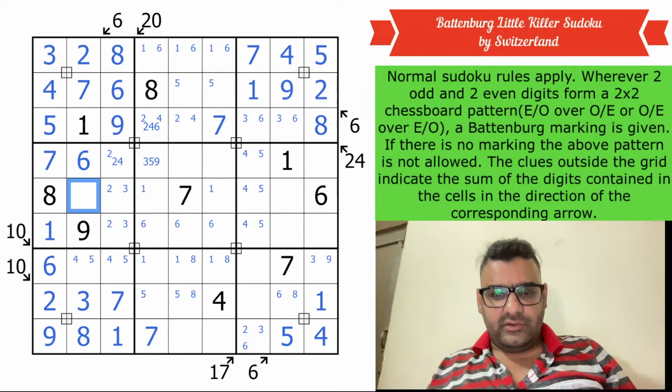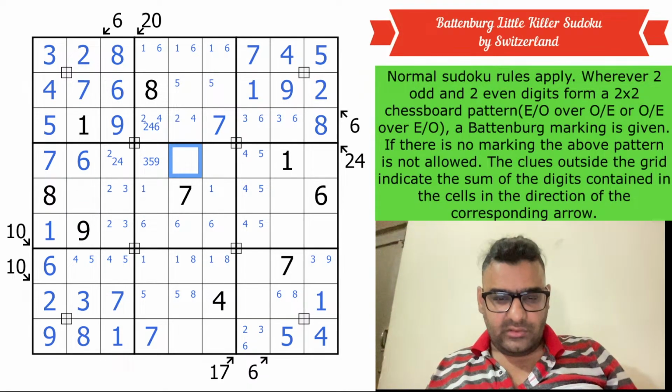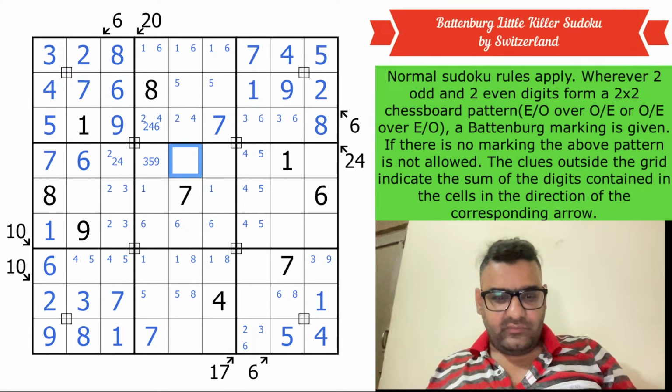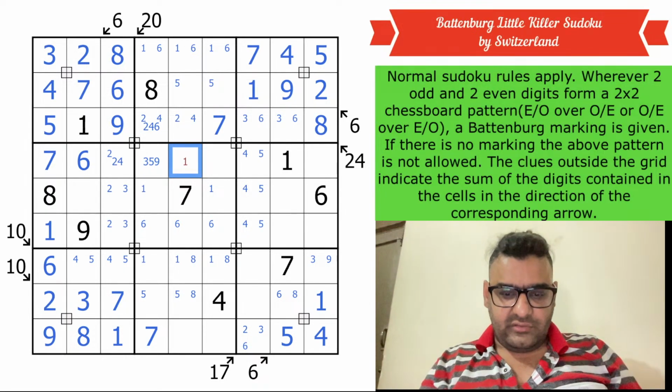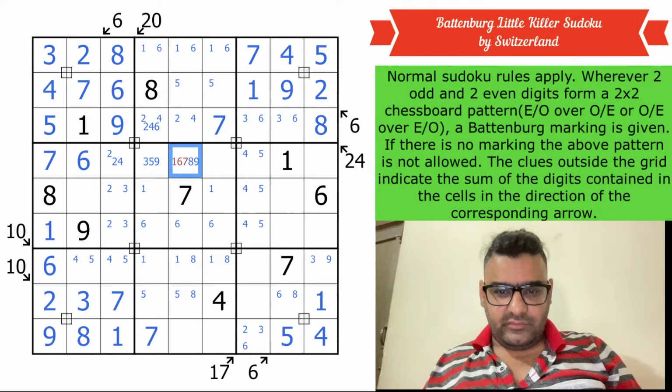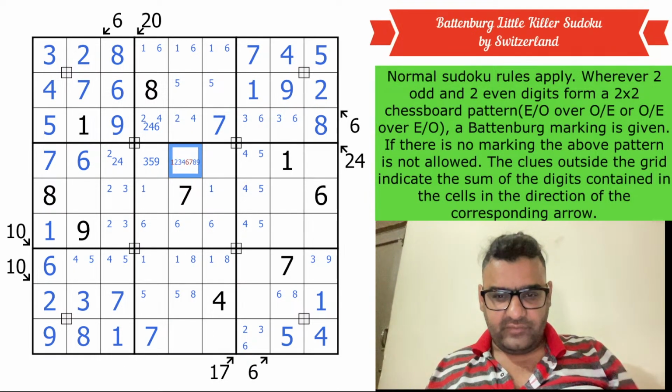So if we go here, two and four can be here. One of this is there. So let's check how many are in this, or we already revealed one. We already revealed six, seven, eight, nine. So we have two, three, four, and five left.